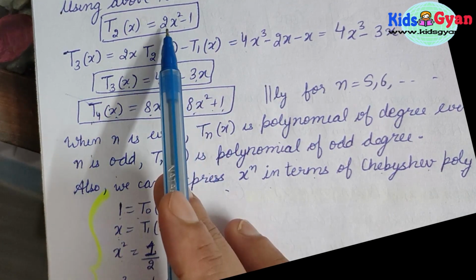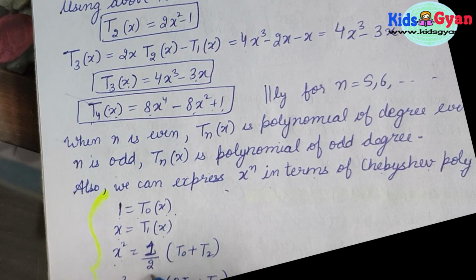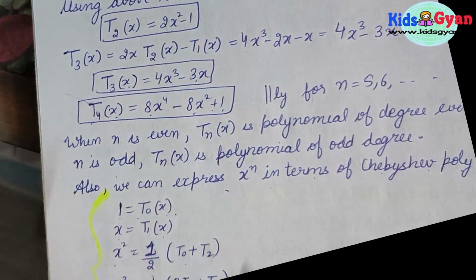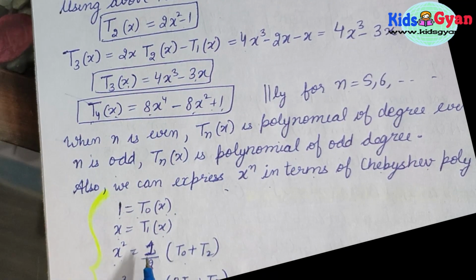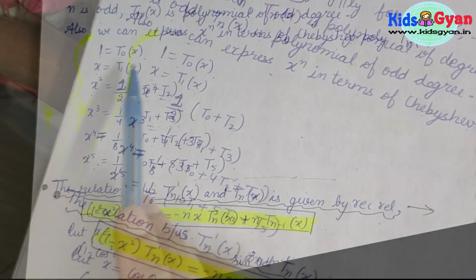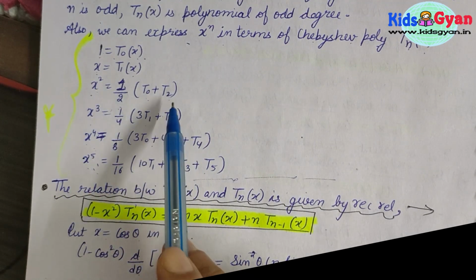Similarly, x squared is 1 by 2 (T0 plus T2). Similarly, x cube is 1 by 4 (3 T1 plus T3), and we can find x4, x5 and so on, expressed in terms of polynomials Tn(x).